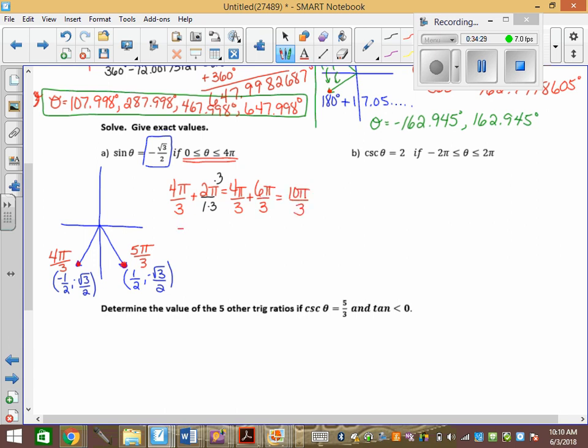And then I'm going to have 5 pi over 3 plus 2 pi to get the coterminal. So I'm going to get 5 pi over 3 plus 6 pi over 3, which is 11 pi over 3. So I have 4 answers. They're going to be 4 pi over 3, 5 pi over 3, 10 pi over 3, 11 pi over 3.